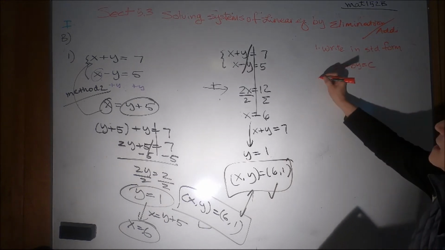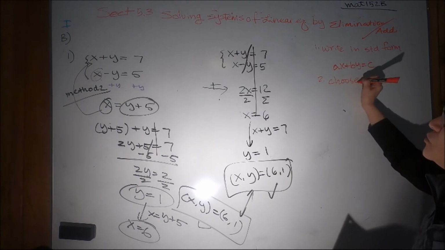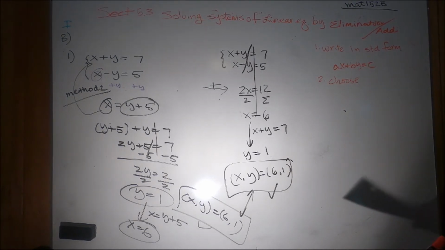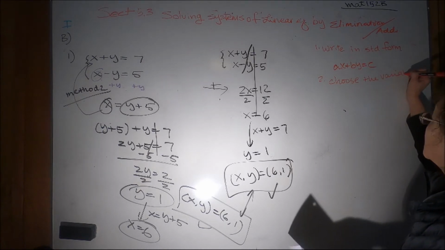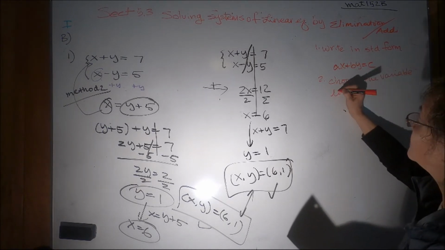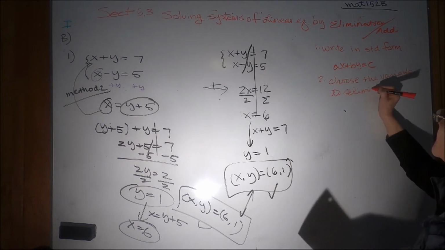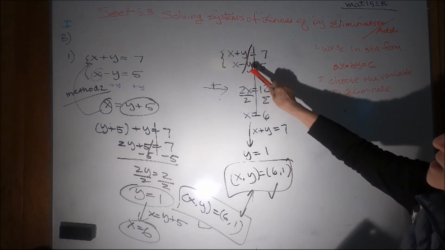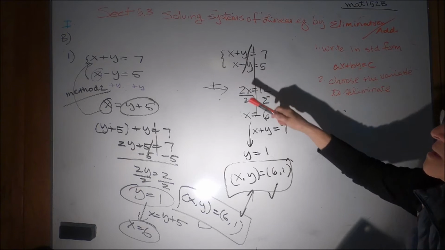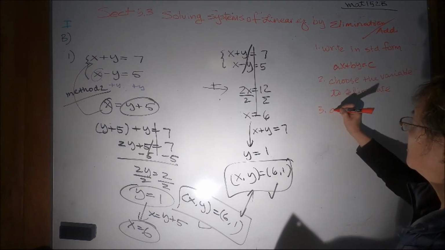Okay? Then we choose one variable to eliminate, whichever is easier. One has to be positive, one has to be negative, so when you add together, it can eliminate one of them.